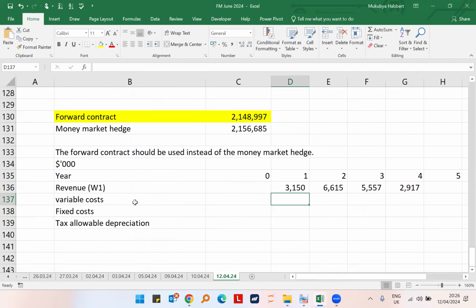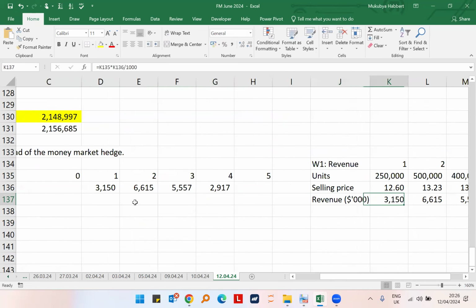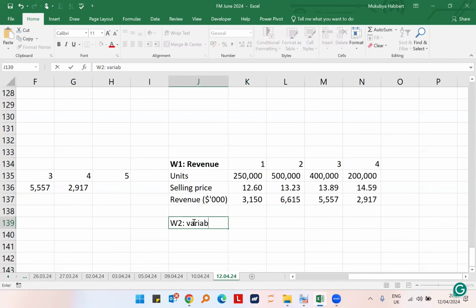Then variable costs, they gave us 7 per unit. So let us use working 2 for that. Now, we have here working 2 variable costs. So you can have variable costs per unit.